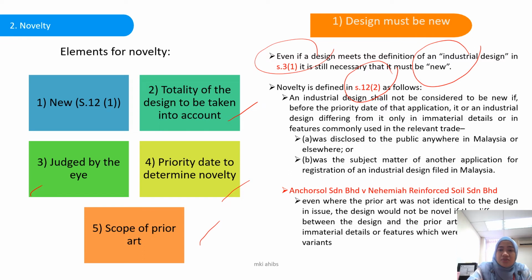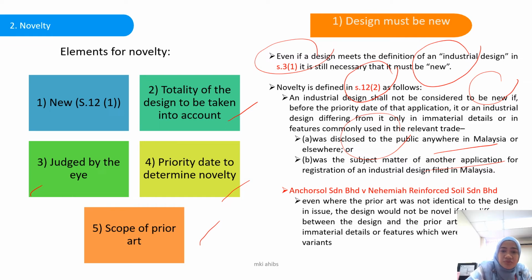An ID shall not be considered to be new if before the priority date of that application, the ID was disclosed to the public anywhere in Asia or elsewhere, or was the subject matter of another application. So if you have already disclosed the article first, or it is the subject matter of another application, then it's not new anymore.